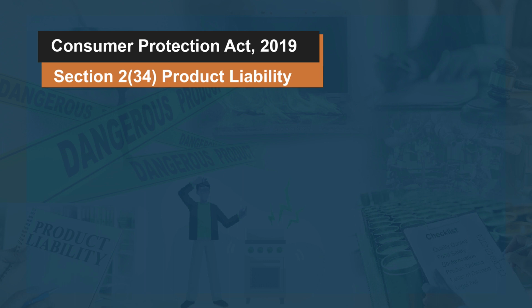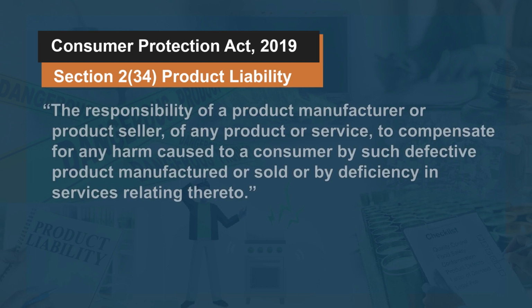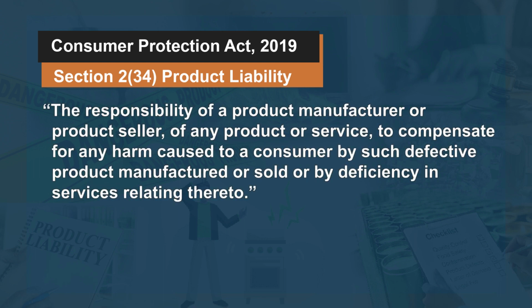Under Section 2, Clause 34 of the Act, product liability is defined as the responsibility of a product manufacturer or product seller of any product or service to compensate for any harm caused to a consumer by such defective product manufactured or sold or by deficiency in services relating thereto.